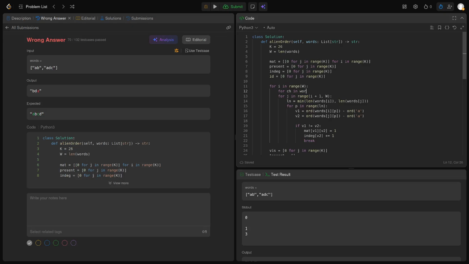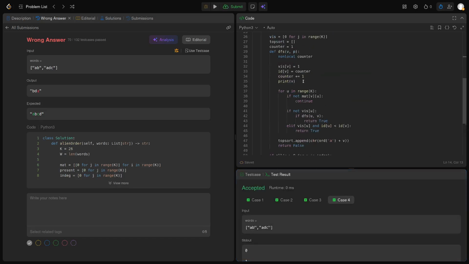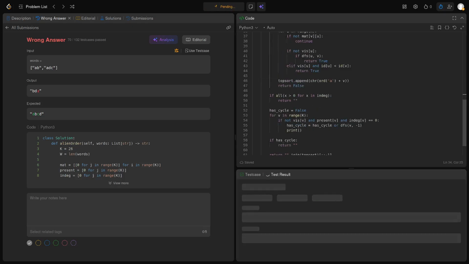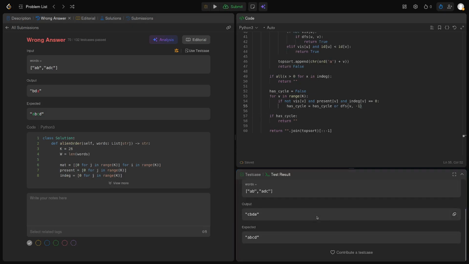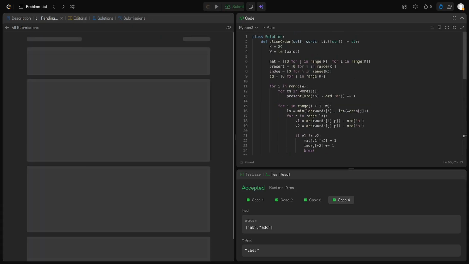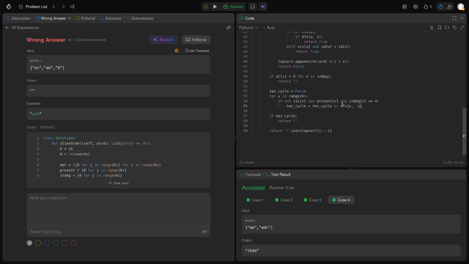For char in words I, present port A. Okay.